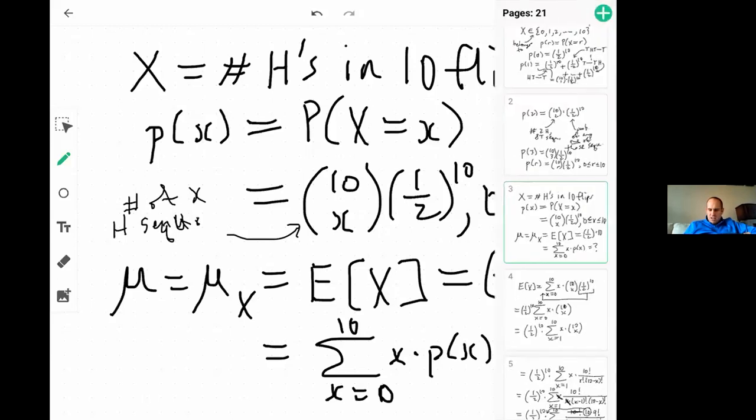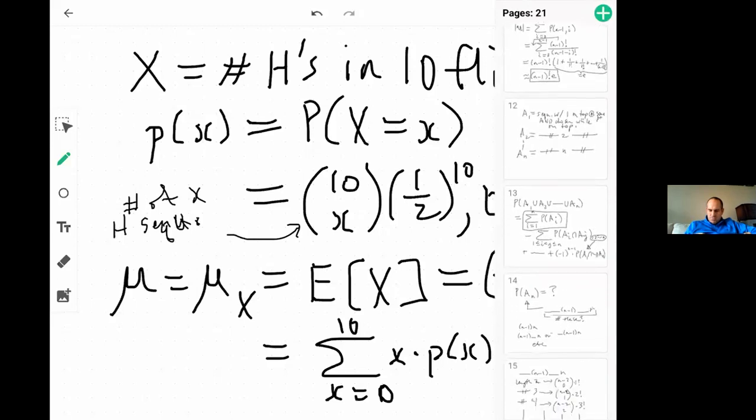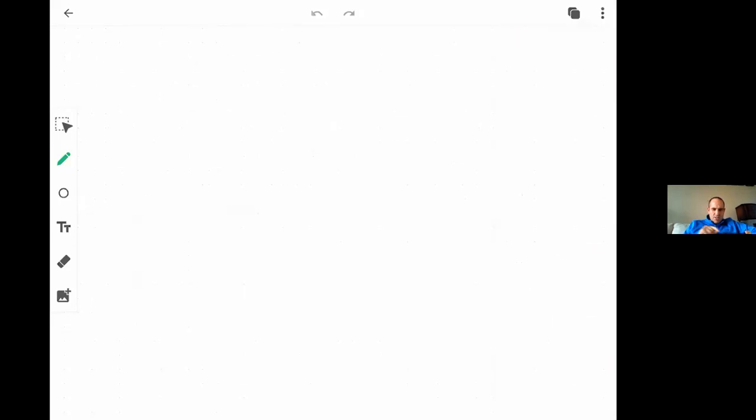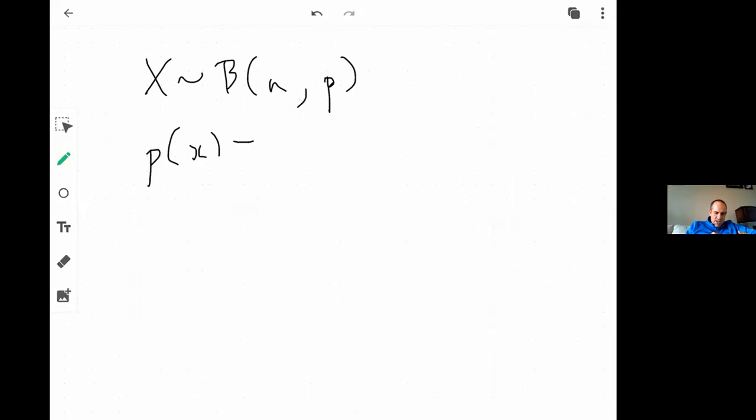Well, let's go to the last page here, this thing is filled up. So what about the probability? If X is distributed as binomial with n trials and proportion of success p, what is P of little x, again the probability that X is equal to little x? What are the possibilities for little x?